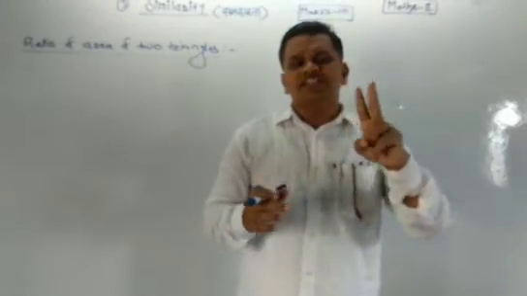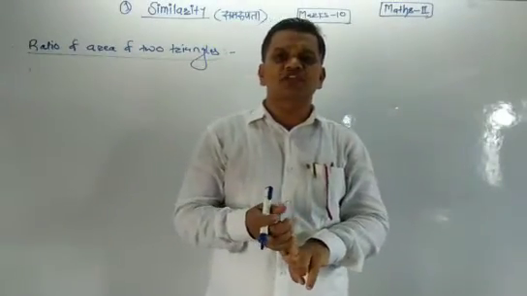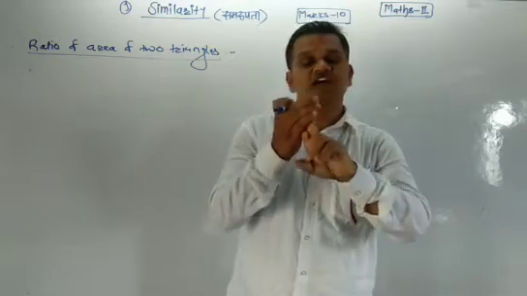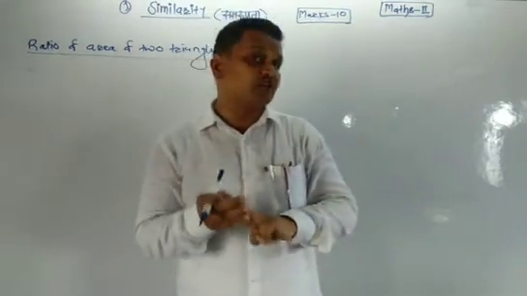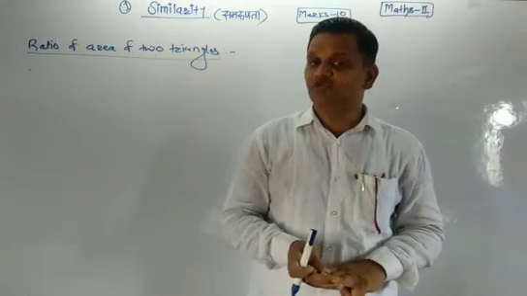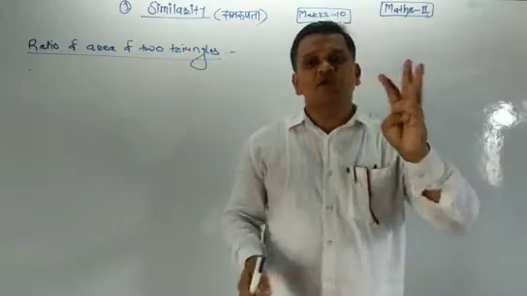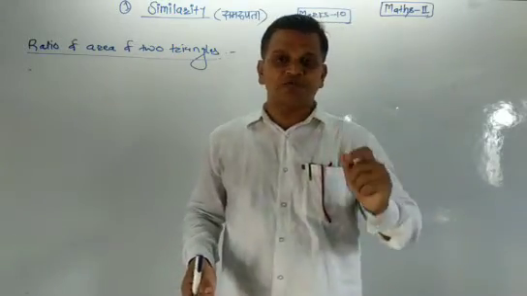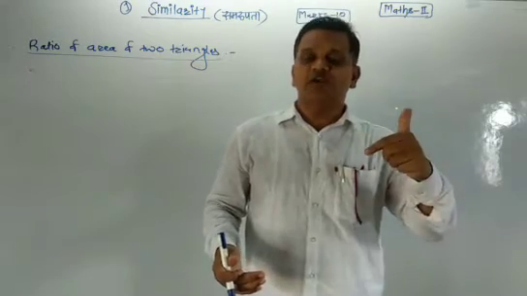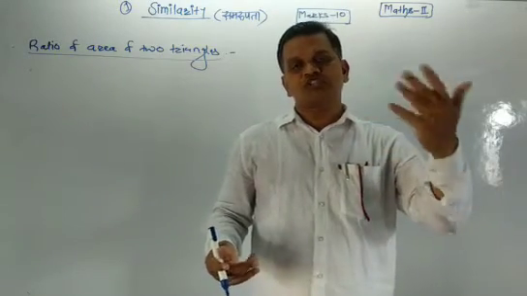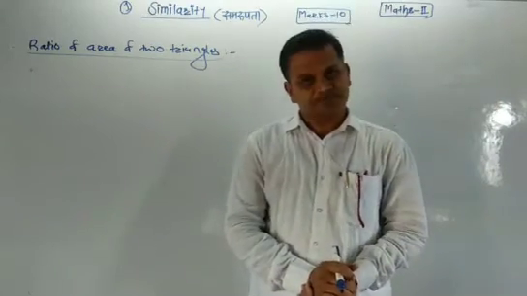Second property: the ratio of areas of two triangles having equal bases is equal to the ratio of their corresponding heights. Third property: the ratio of areas of two triangles having equal heights is equal to the ratio of their corresponding bases. And fourth property: the ratio of areas of two triangles having equal bases and equal heights is equal to 1:1. That is, their areas are equal.